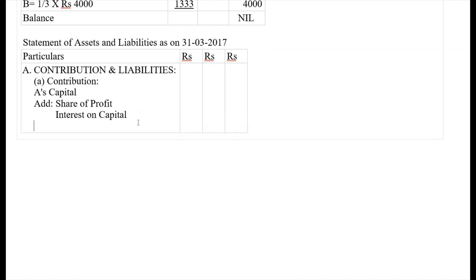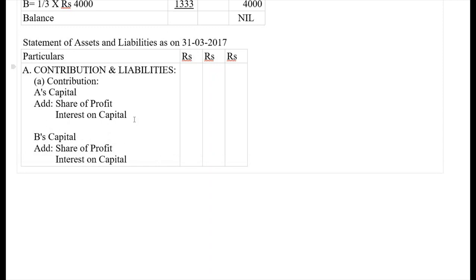Then similarly B's capital, add share of profit, interest on capital. Oh sorry, we should deduct here, just a minute.